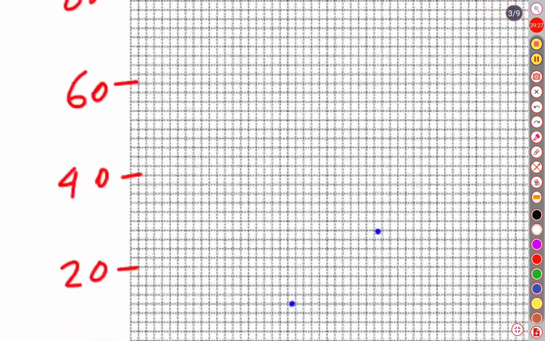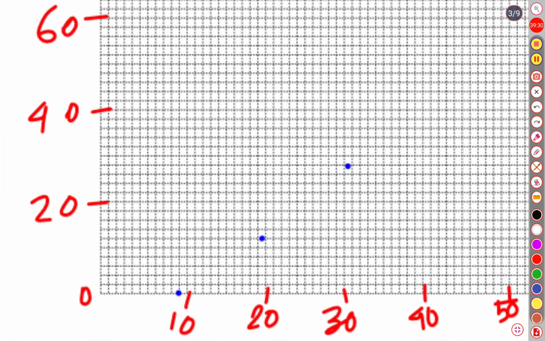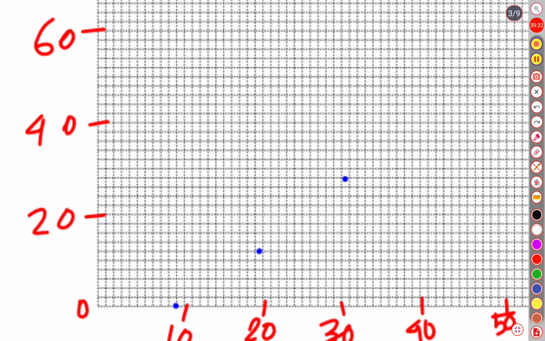So 39.5, the frequency is 60. So 39.5, 60 is over here. So these will be our points, 60 and 39.5 over here.